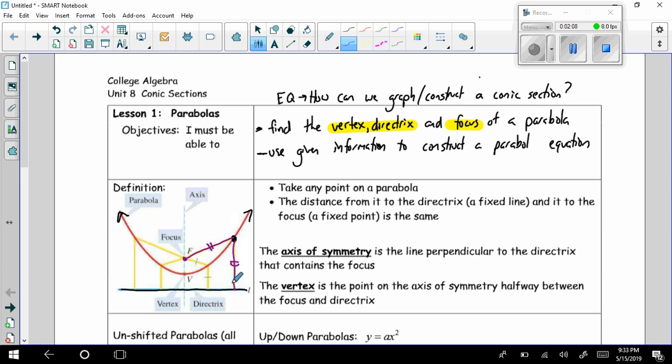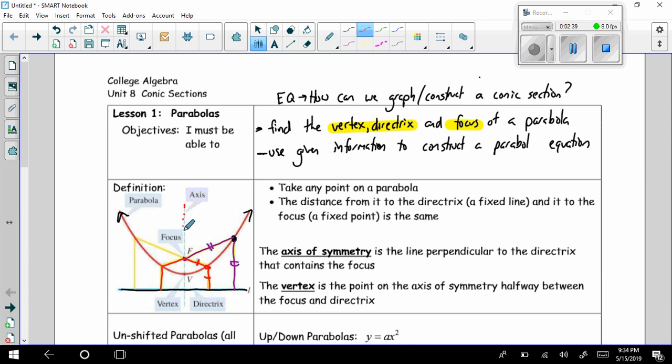So these distances are the same. Those tick marks, hopefully you remember from geometry. And that works for anywhere on this. So you might go ahead and fill those lines in. I don't think they copied very well. So any point on your parabola works the same way. So here to here would be the same.